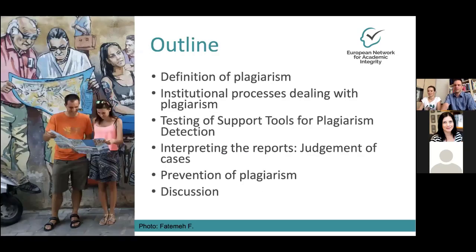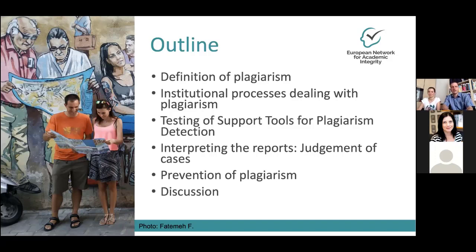So what are we going to do today within this workshop? First, we will briefly mention the definition of plagiarism, to make clear that we share the same understanding of what plagiarism is. Then we will be dealing with institutional policies about plagiarism. So what happens if plagiarism is identified?